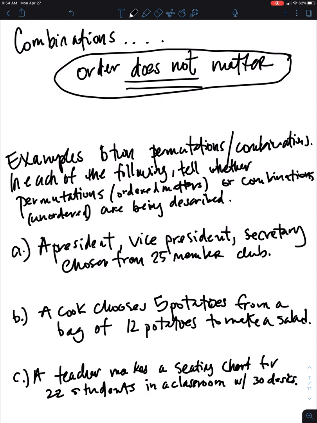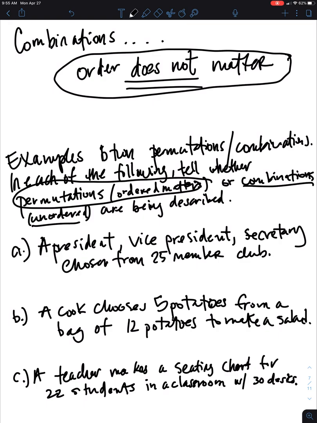But we're going to try to figure out which ones are combinations or permutations below, because those are some of your questions on your homework. You have to decide, is it a combination or is it a permutation? Remember, permutation, order matters. Combination, or unordered, order does not matter. Okay, so let's look at this.